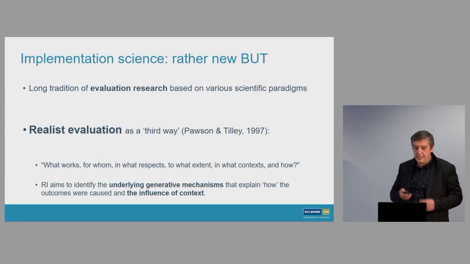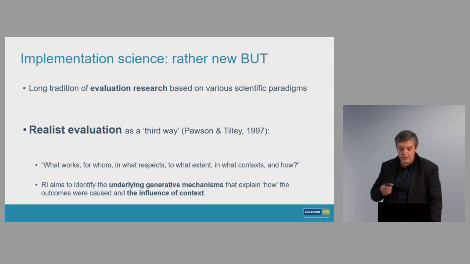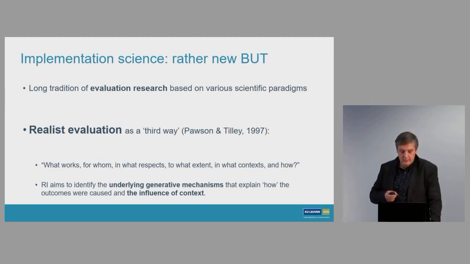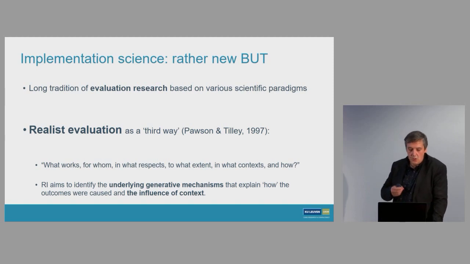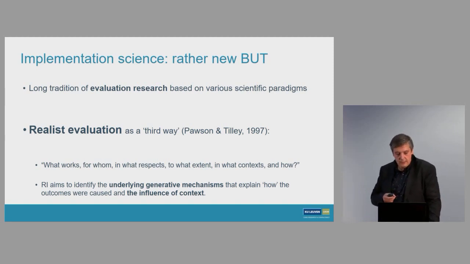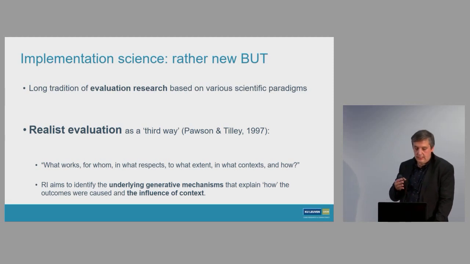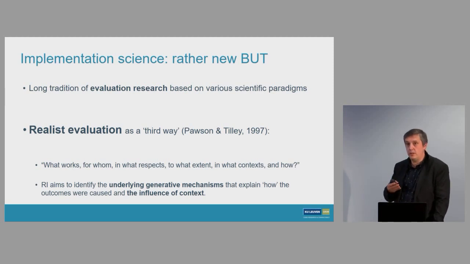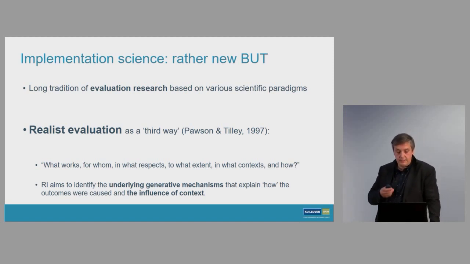And this means that we focus on a very specific research question, which we state as: realist evaluation research focuses on what works, for whom, in what respects, to what extent, in what contexts, and how. And it's much broader than a narrow positivistic approach which mainly focuses on what works. It's not only on what works, but also it's about target groups.